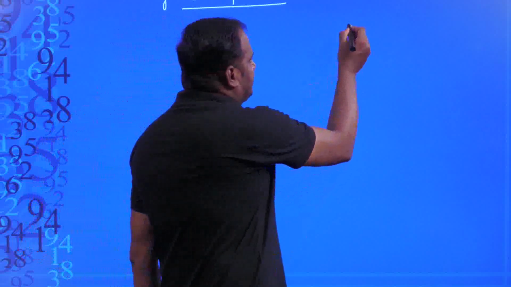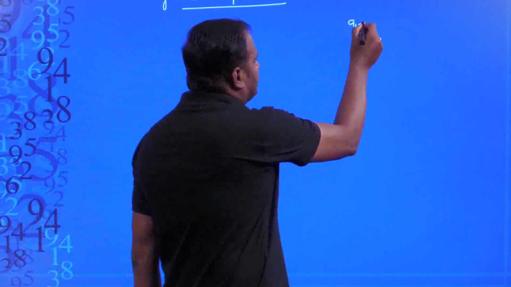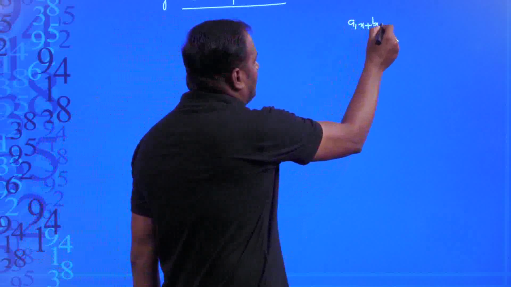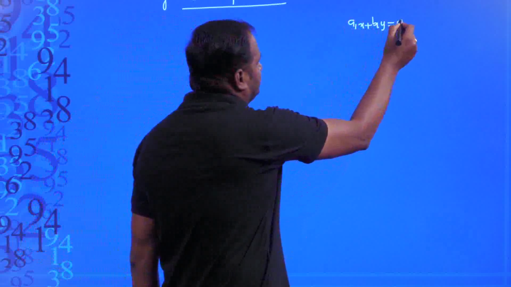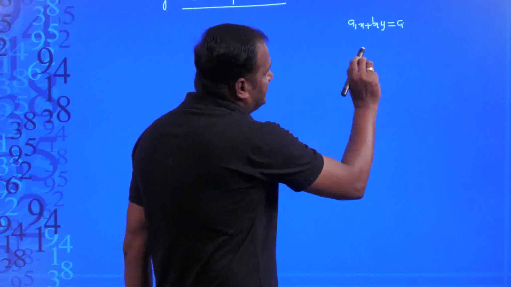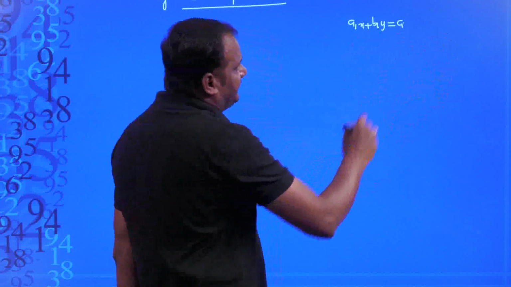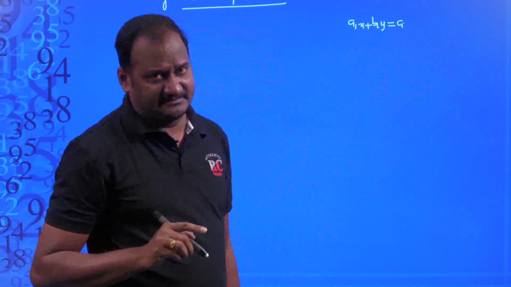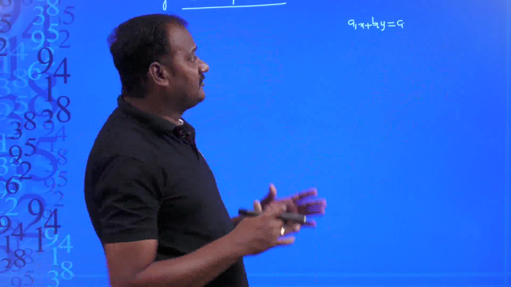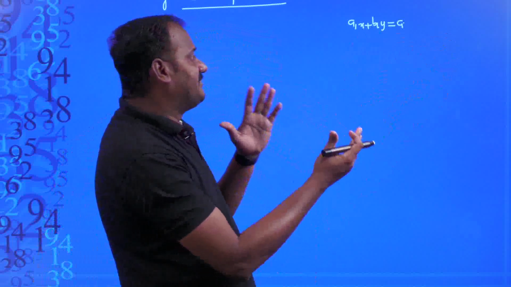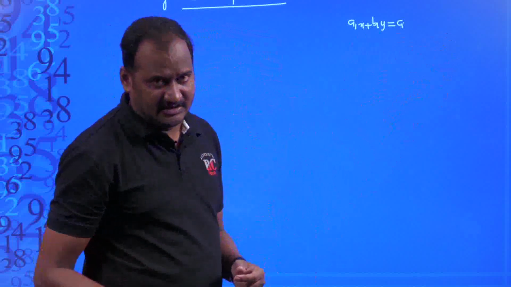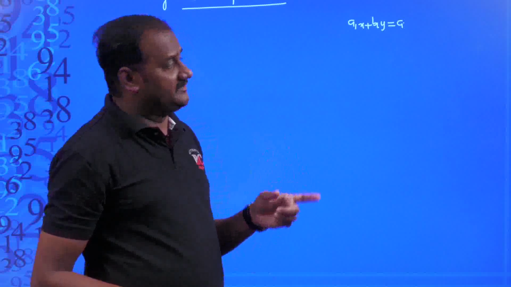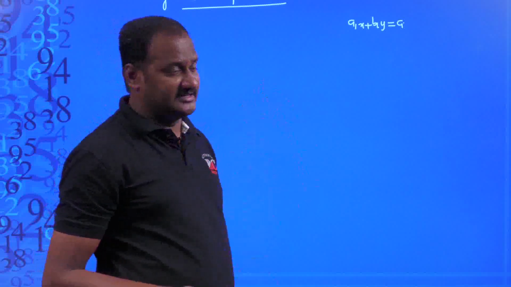The first equation is a1x plus b1y is equal to c1. If it is equal to c1, then definitely it is not in the standard form. Then you will have to write that as a1x plus b1y minus c1 is equal to 0. Ax plus by is equal to c is not the standard form.